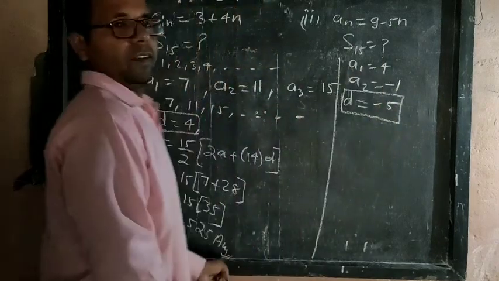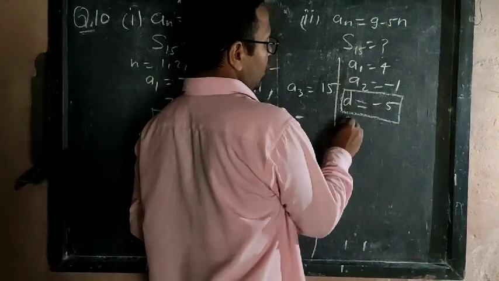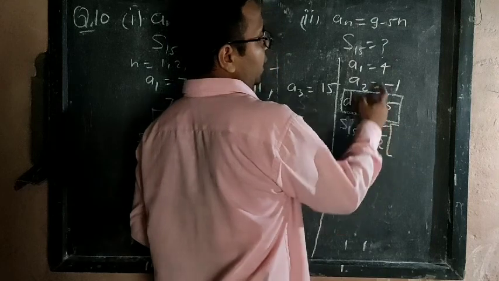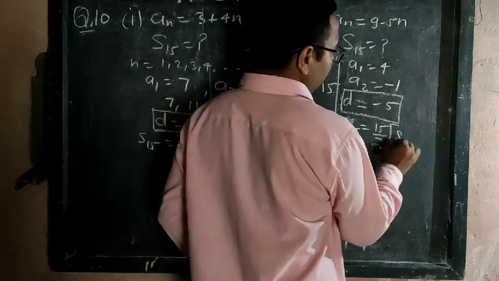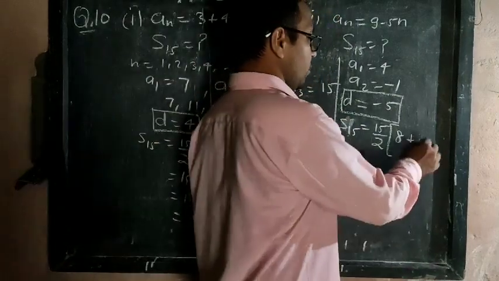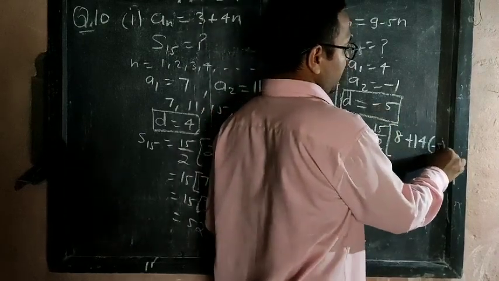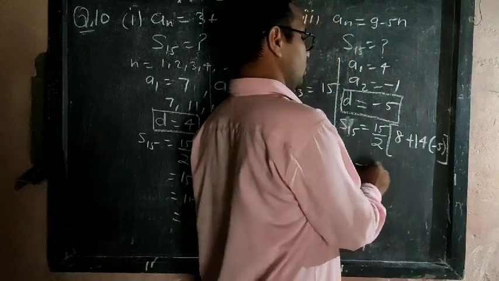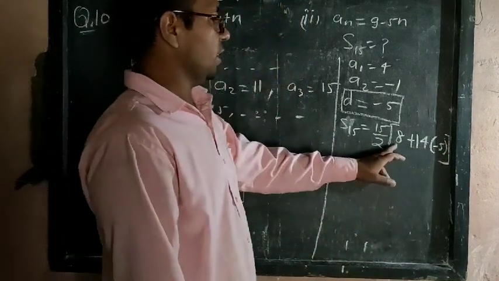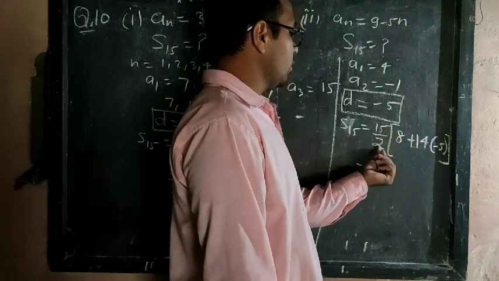So now what we can do, as we need S15, S15 can be calculated as 15 by 2, 2a, a value how much? 4, so 4 times 2 is 8, plus n minus 1, that means 15 minus 1, how much? 14, into d, how much? Minus 5, so keep this minus 5 and close the bracket. So now you might take 2 common from this bracket, so the numerator and denominator 2 can be cancelled.